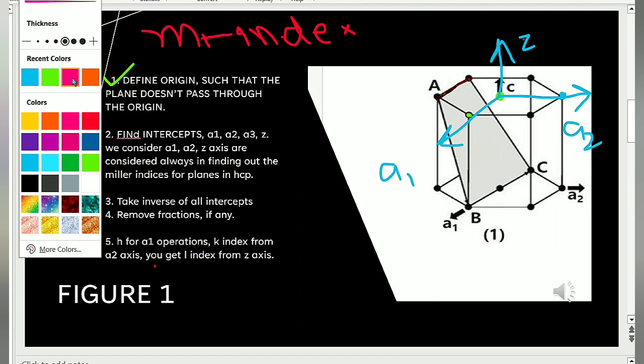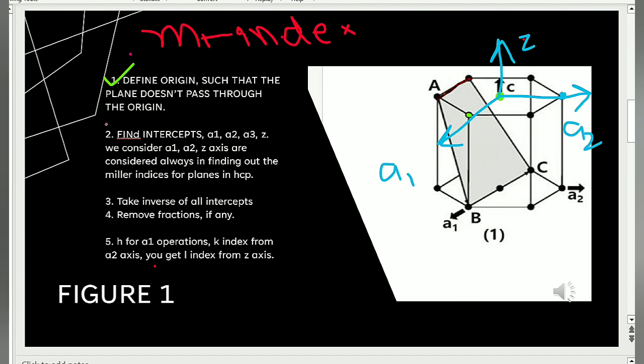Now the next step is to find out the intercepts for A1, A2 and Z axis, because we are finding out the Miller indices. So we have this axis line A1 and this axis line A2 and this axis line Z axis. Now one other thing that we can do is, this one is the positive A2 direction, and a vector just opposite to that, this corner is just opposite to this corner.